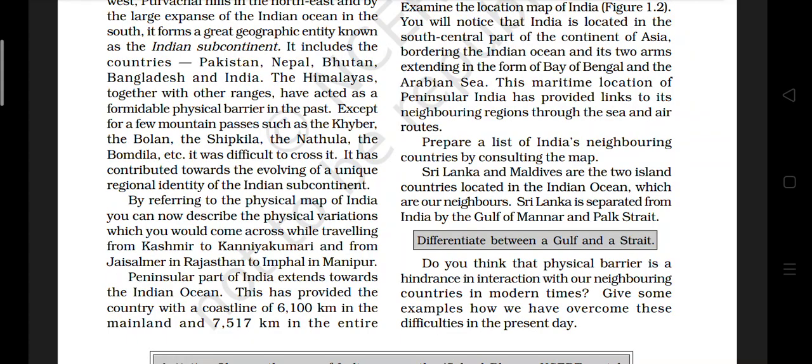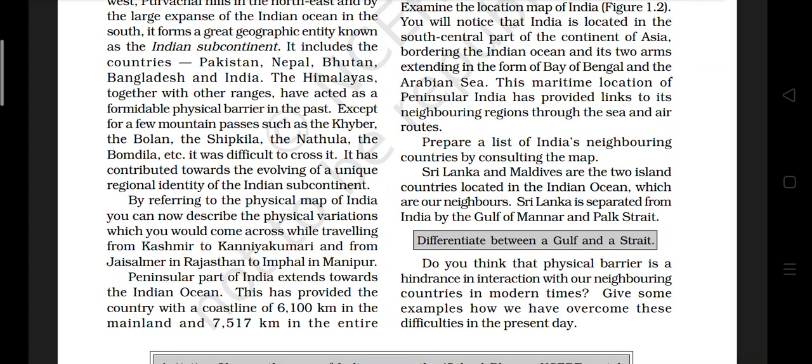The Himalayas, together with other ranges, have acted as a formidable physical barrier in the past, except for a few mountain passes such as Khyber, the Bolan, the Shipkila, the Nathula, the Bomdila, etc. It was difficult to cross it. It has contributed towards the evolving of a unique regional identity of the Indian subcontinent.